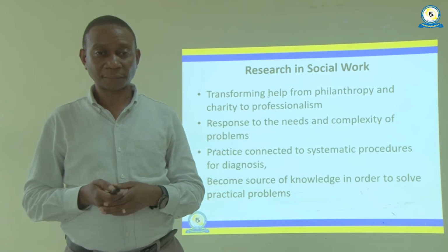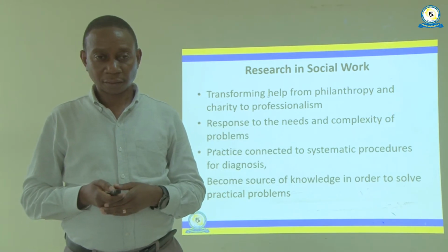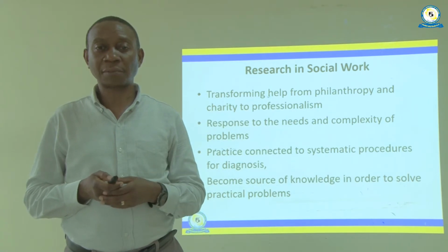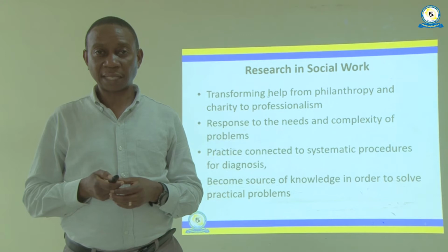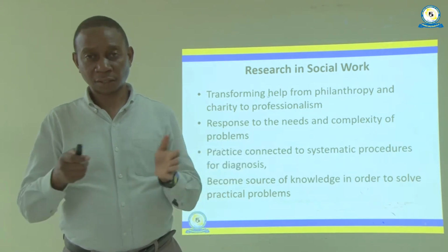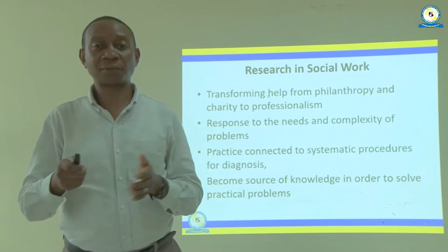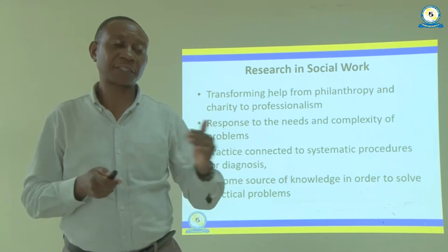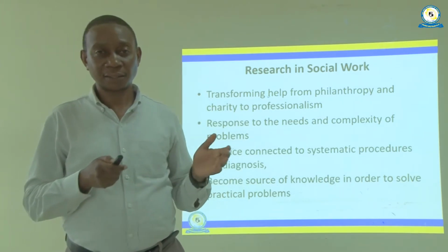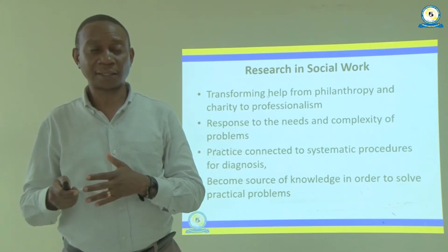Also, research in social work practice is connected to systematic procedures for diagnosis. When we solve problems, there are procedures we need to follow, and those procedures of change should be systematic.